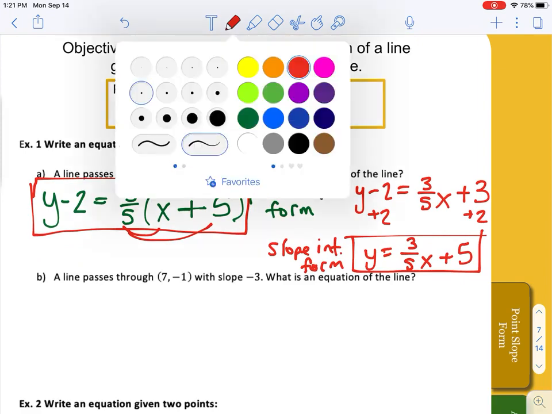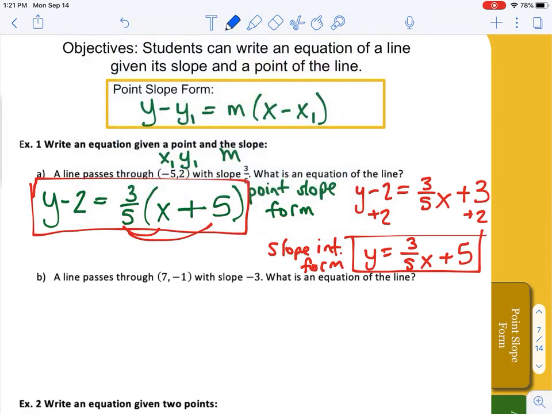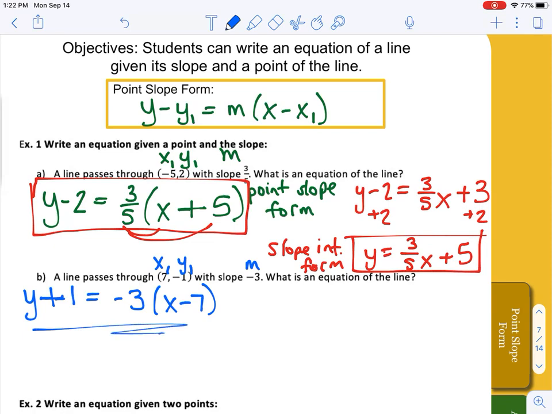Do the same thing for this next one. Plug it in. Y minus a -1 equals m in parentheses x minus 7. Minus a negative becomes a positive. This is now our point slope form.